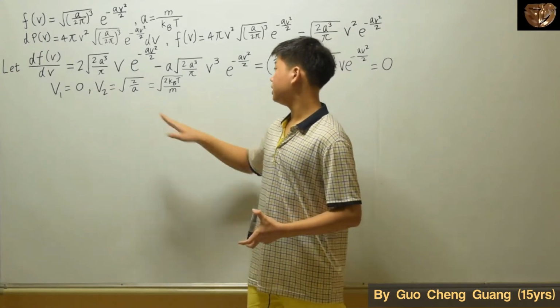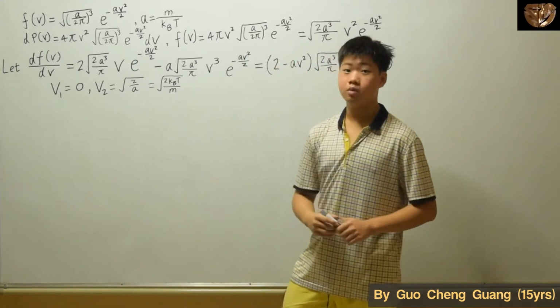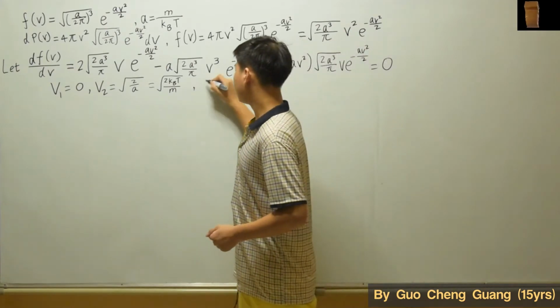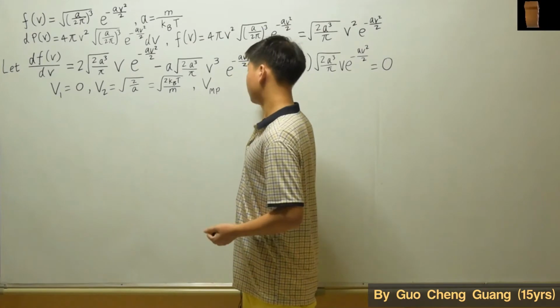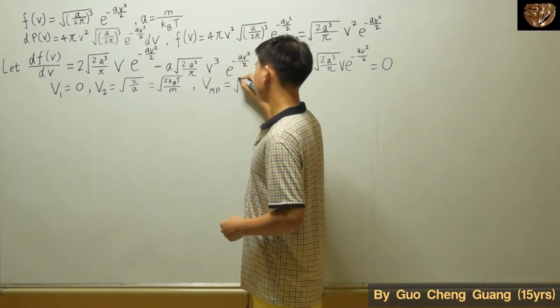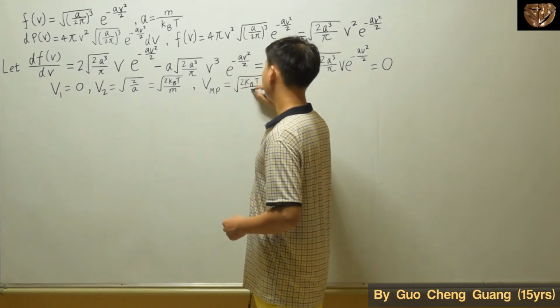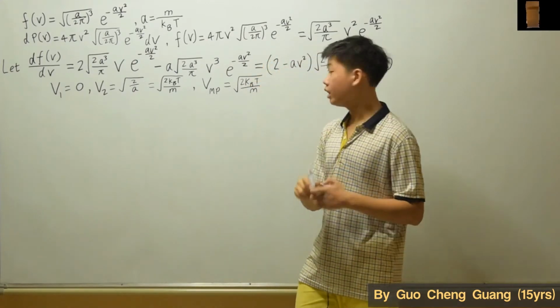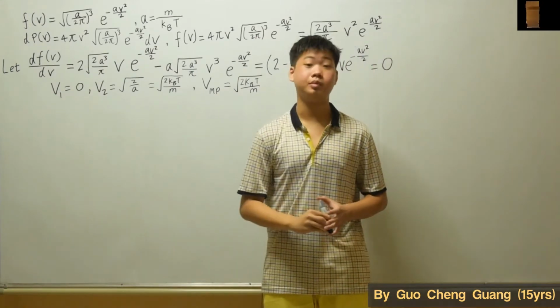So that means v2 is going to be our most probable speed. So you can put it as v most probable is equal to square root 2 kBT over m. Alright, so now we have completed the first part, which is to find our most probable speed.